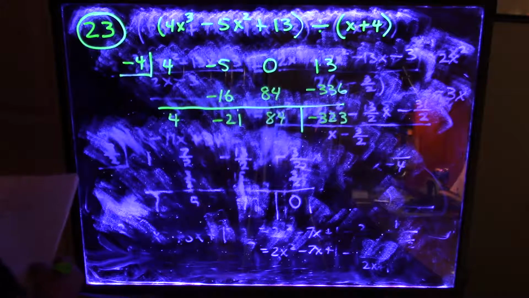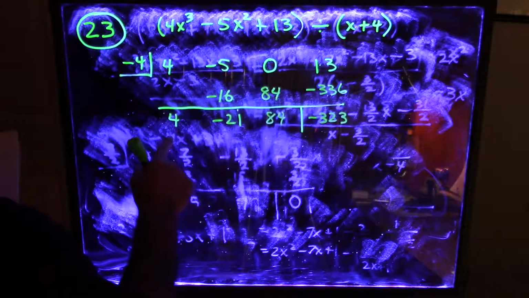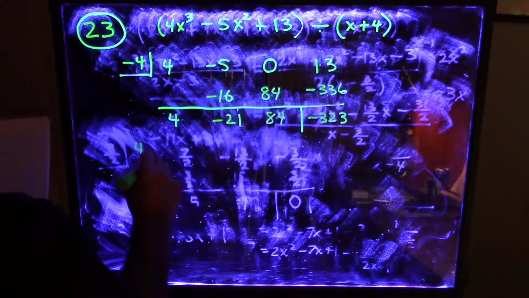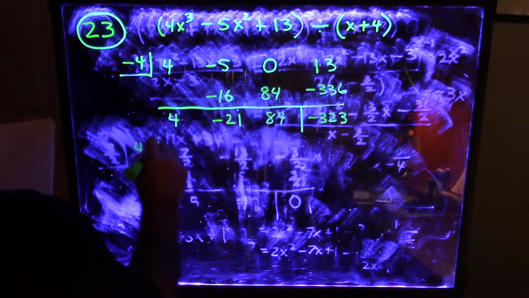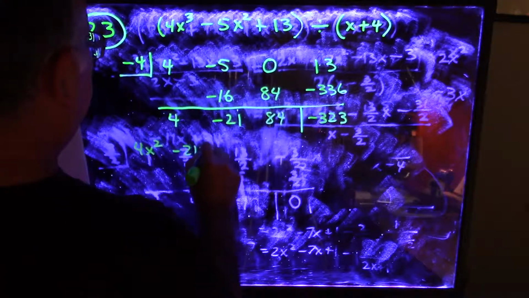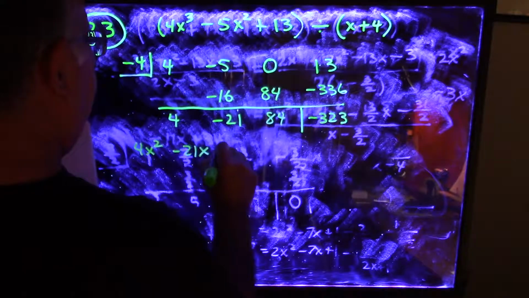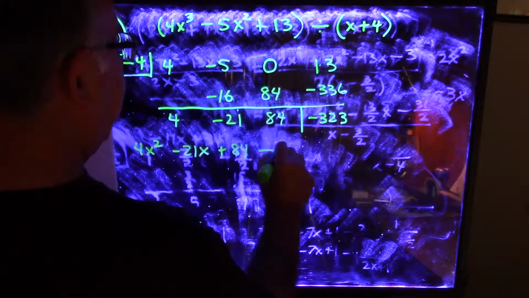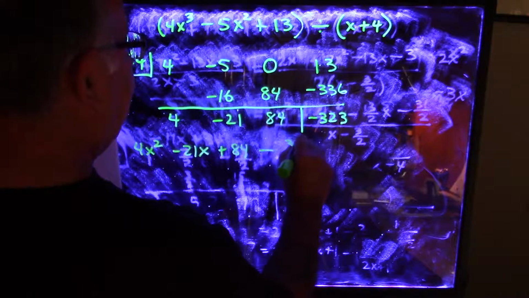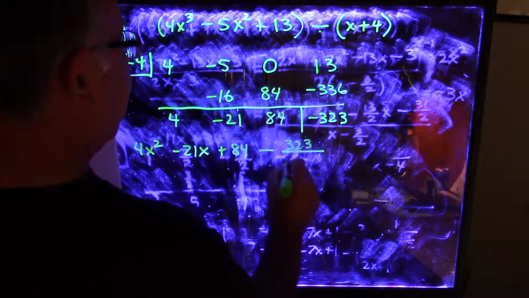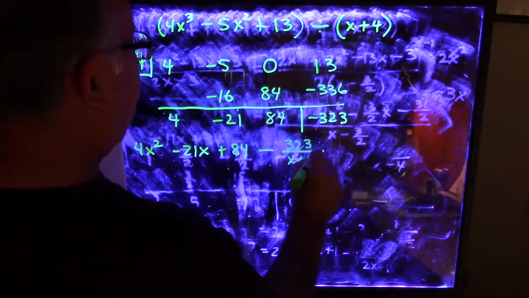There's our remainder. Alright, so the answer to this division, written out, would be 4x squared minus 21x plus 84, and then the remainder, minus 323 over the divisor x plus 4.